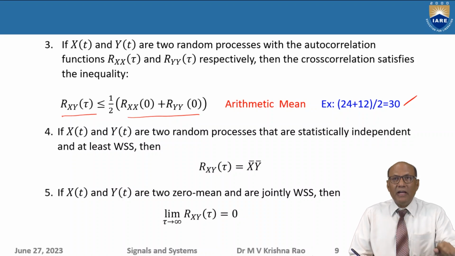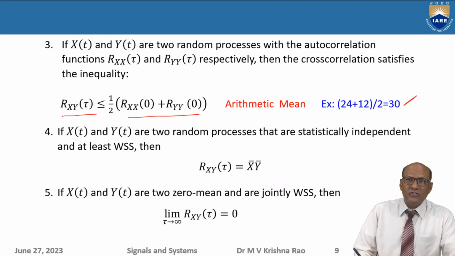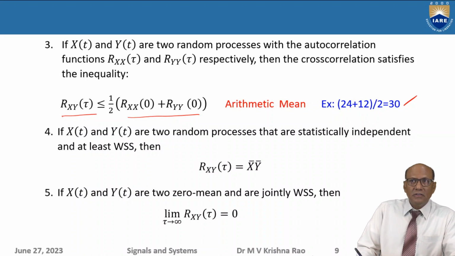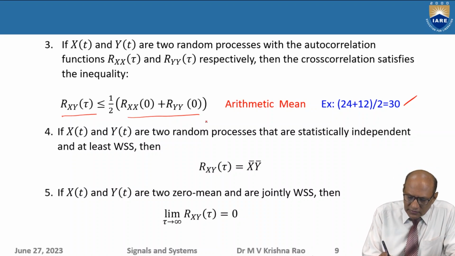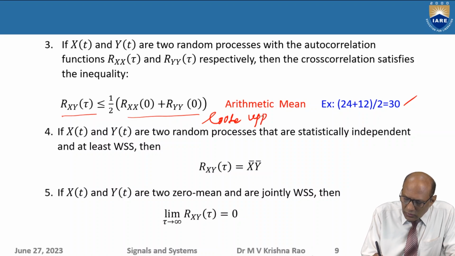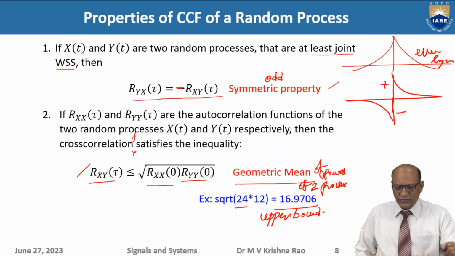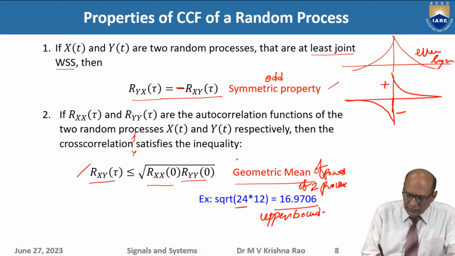So the arithmetic mean is higher than the geometric mean. Okay, in general it will be like that. So the arithmetic mean is a loose upper bound. I should say that this upper bound is loose, and the other one is tight. This is the tight upper bound.